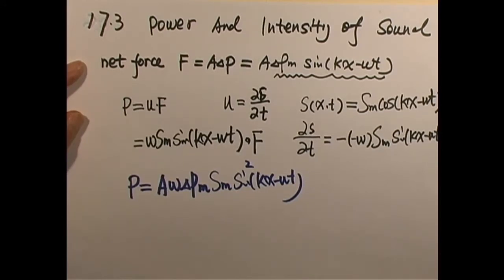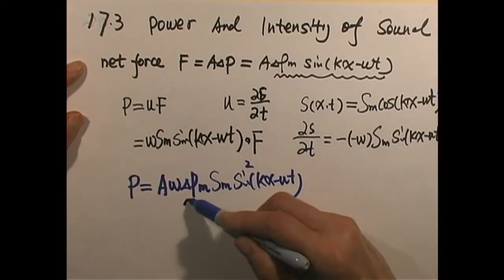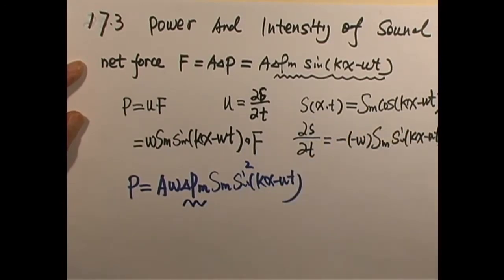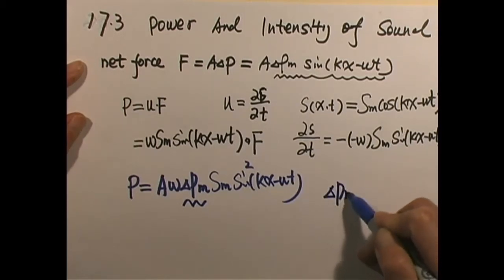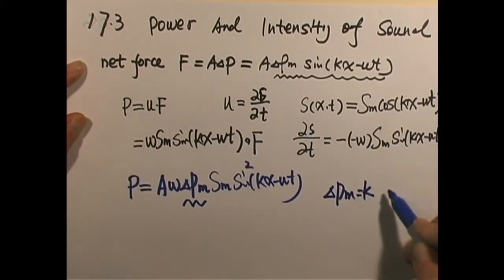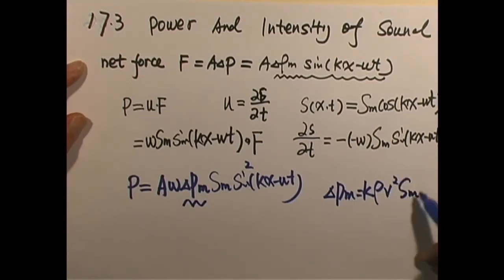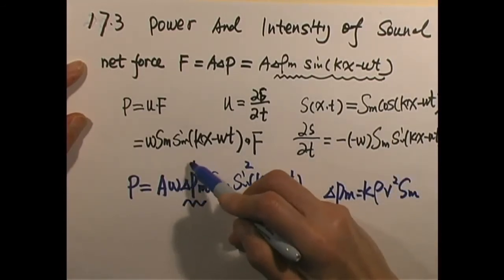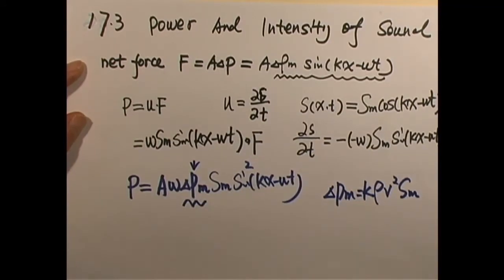If we know that delta P_m has something to do with k, the density of the fluid, the speed of sound, and the max s_m, we can plug this in to replace that delta P_m.